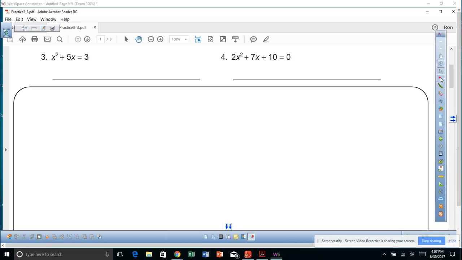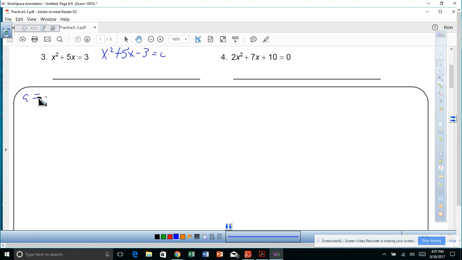I do the same thing. Rewrite it: x squared plus 5x minus 3 equals 0. a equals 1, b equals 5, c equals negative 3. x equals negative 5 plus or minus the square root of 5 squared minus 4 times 1 times negative 3, all over 2 times 1.